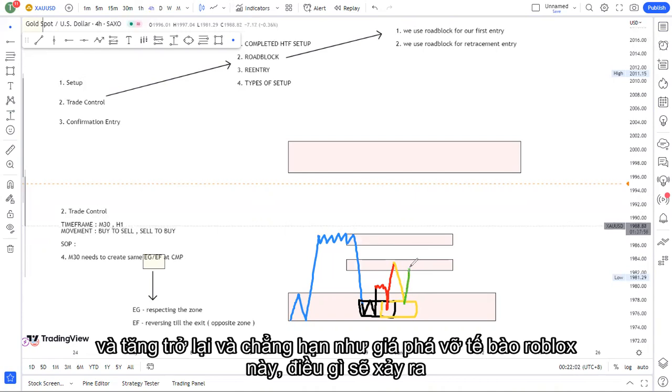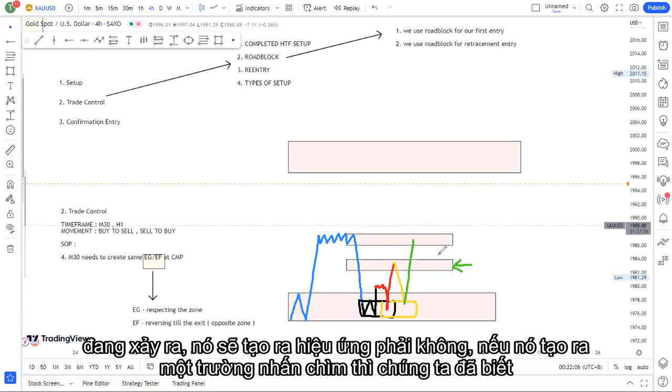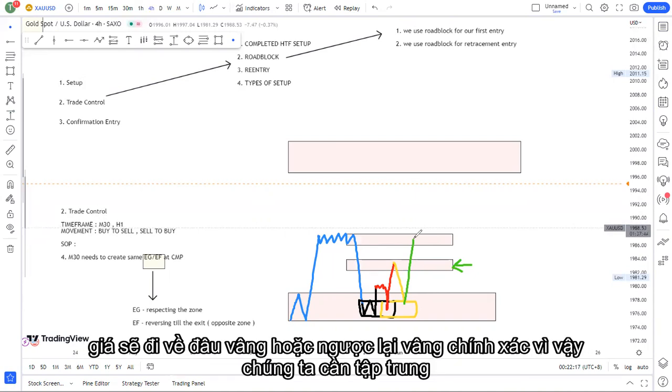For example, if the price breaks this sell roadblock, what is going to happen? It's going to create an EF, isn't it? Yes, an engulfing field. If it creates an engulfing field, we already know where the price is going to go, the opposite direction. Yes, exactly.